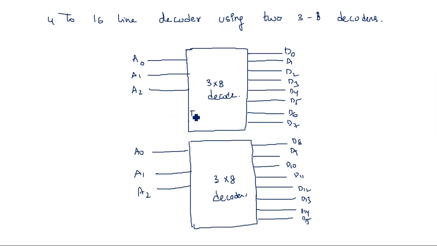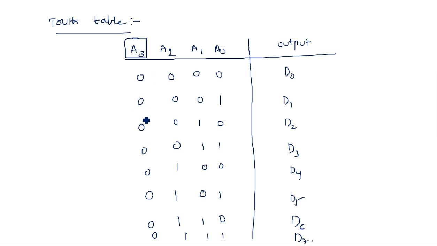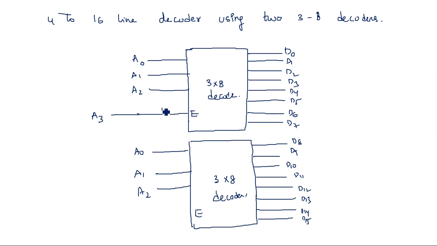Along with that, as I said, we also have one enable pin, and this enable pin is nothing but your A3. For the first decoder the enable pin is 0, and for the second decoder the enable pin is 1. So for the first decoder we take a NOT gate.